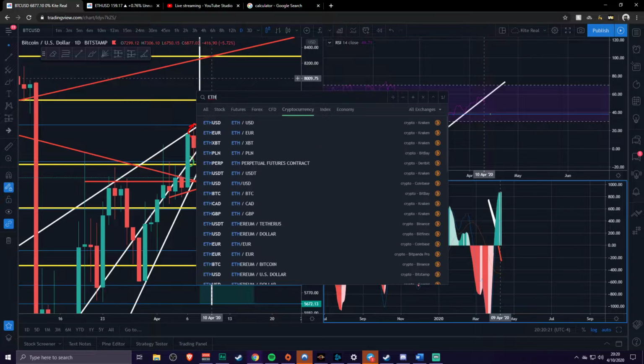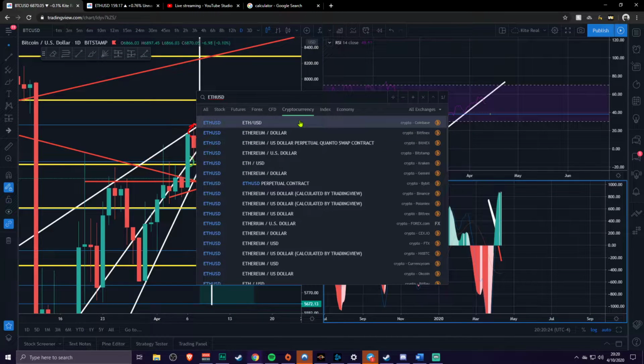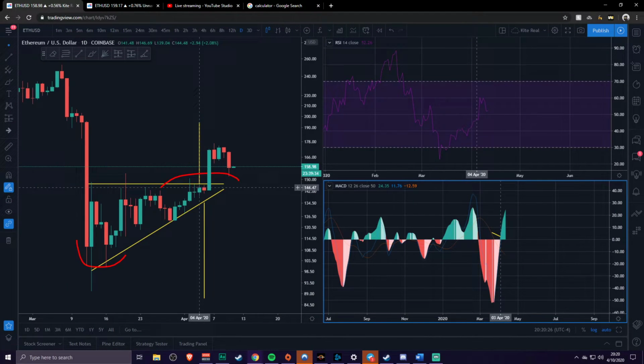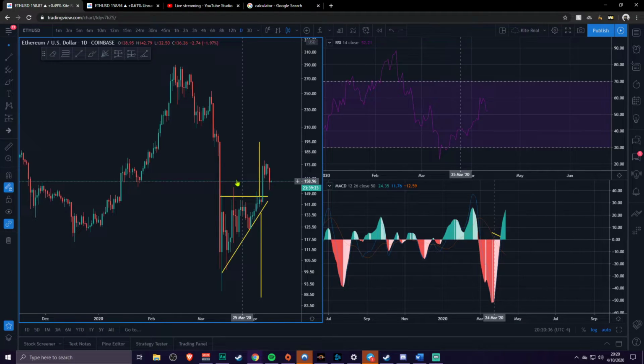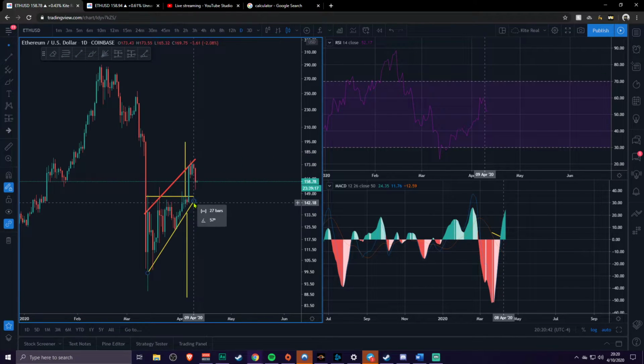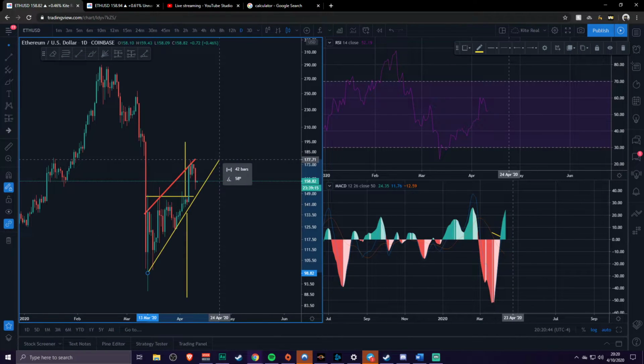So let's go to Ethereum. Let's check up on that. Ethereum did completely what I thought it would not. I thought we were going to actually break out to the downside, but obviously it's a bullish pattern, so can't really complain there. But what I can say is maybe, just maybe, we are actually just lagging behind Bitcoin at the moment.